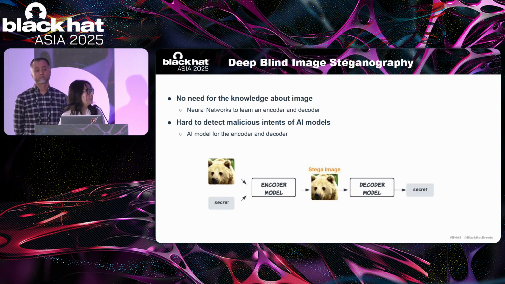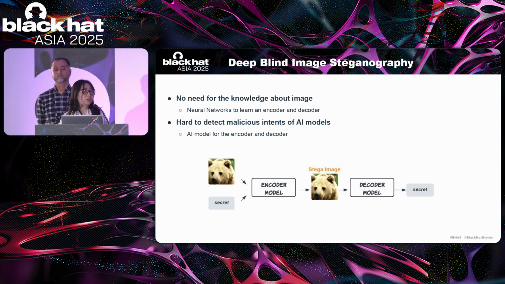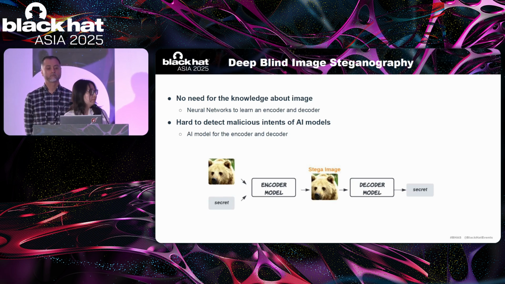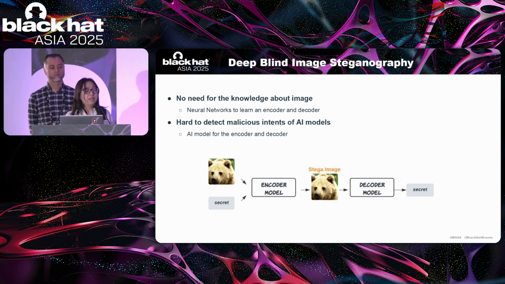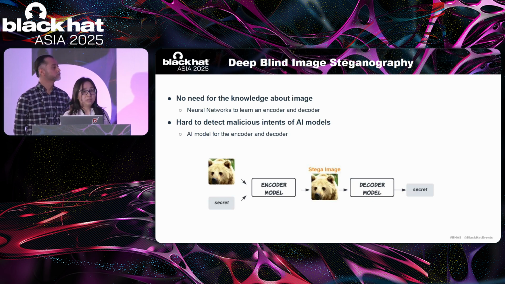Before we delve into the technical details, I would like to give a first introduction to image steganography. It's not new to security. Basically, an attacker can hide their payloads in an image using an encoder and decode from it. Usually, the attacker needs knowledge about the image itself to design their own encoder and decoder algorithms. For deep image steganography, it utilizes neural networks to automatically learn how to encode and decode the data.